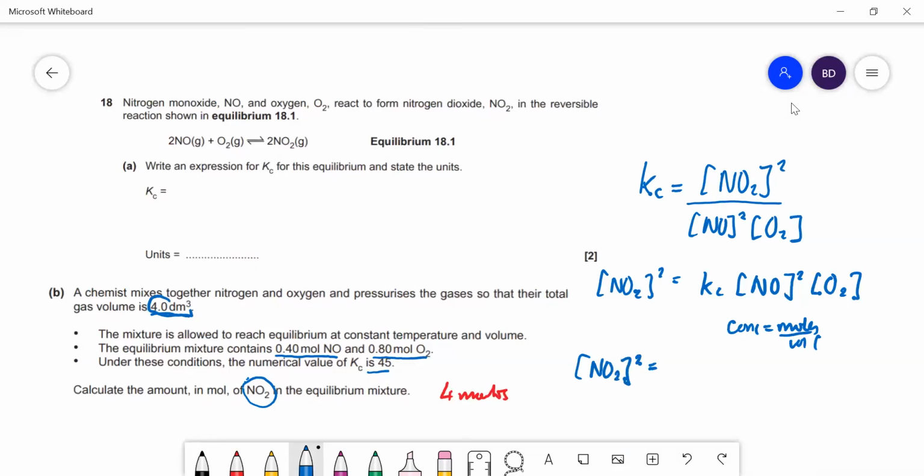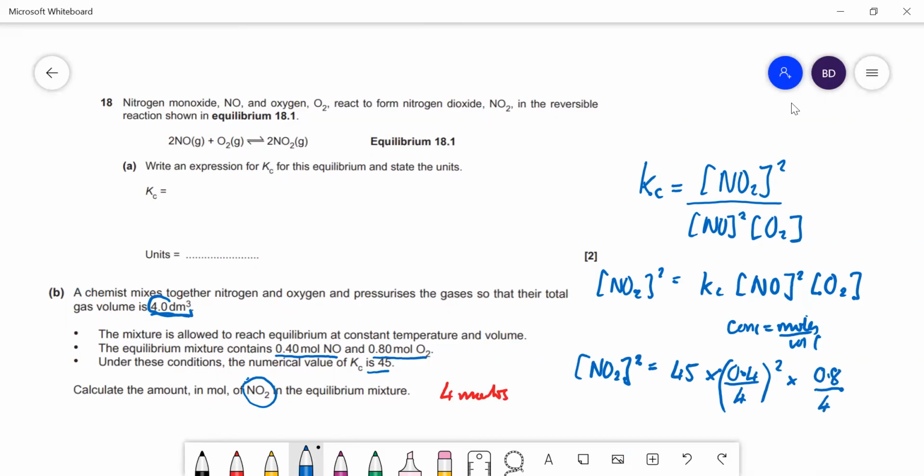I'm just going to leave that as concentration there. We know Kc is 45. Now the concentration of NO squared, well, the moles of NO is 0.4, so that's going to be 0.4 over 4, the volume, moles over volume, all squared, multiplied by the number of moles of oxygen we've got, 0.8, and the volume is 4 again.